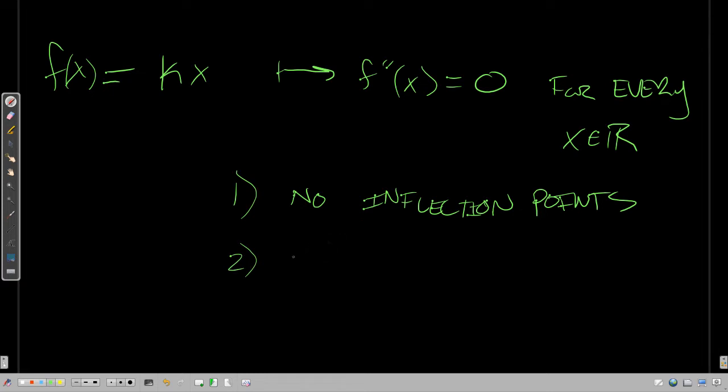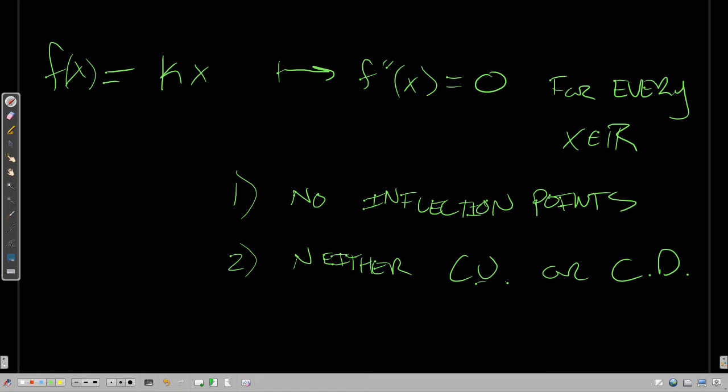And two, it is neither concave up or concave down at any value, right?